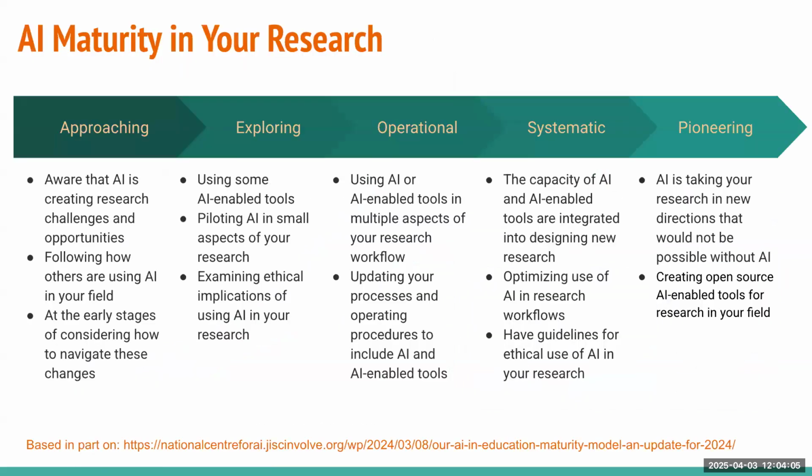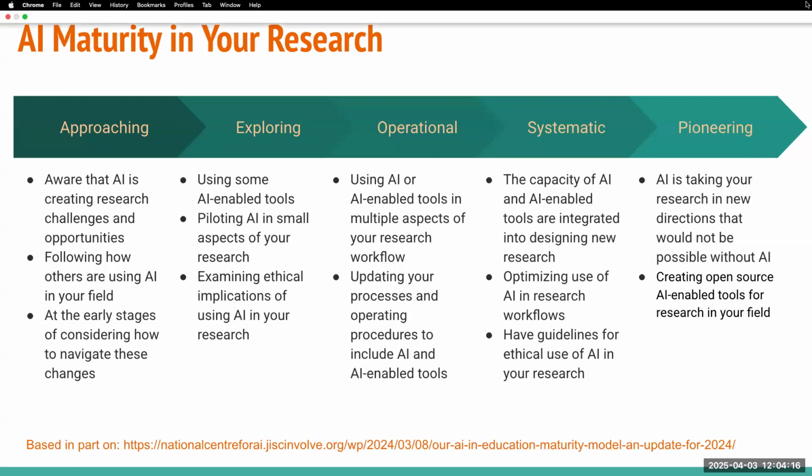As you think then about where you are in terms of your use of AI in your research, you can think along a continuum as well, or a maturity model. Are you just beginning to approach using AI, thinking about where it might be useful and at the consideration stage? Or have you moved into exploring, are you actually using some tools in your research and exploring to see if they're helpful or not helpful to the things you're trying to accomplish?